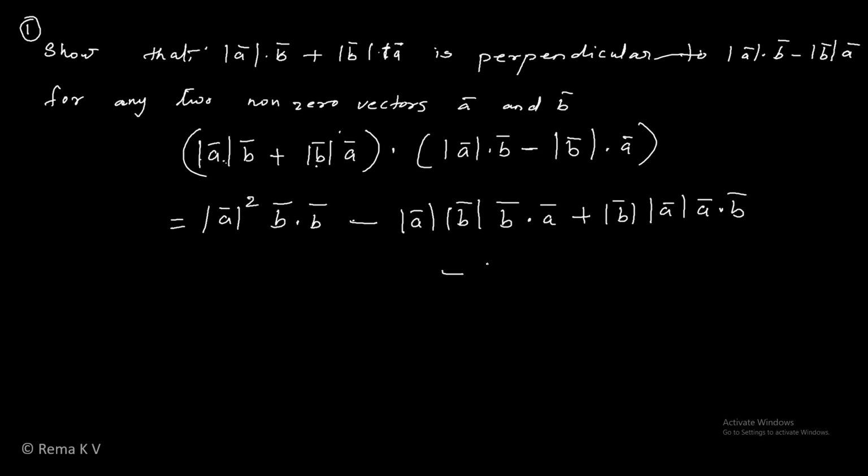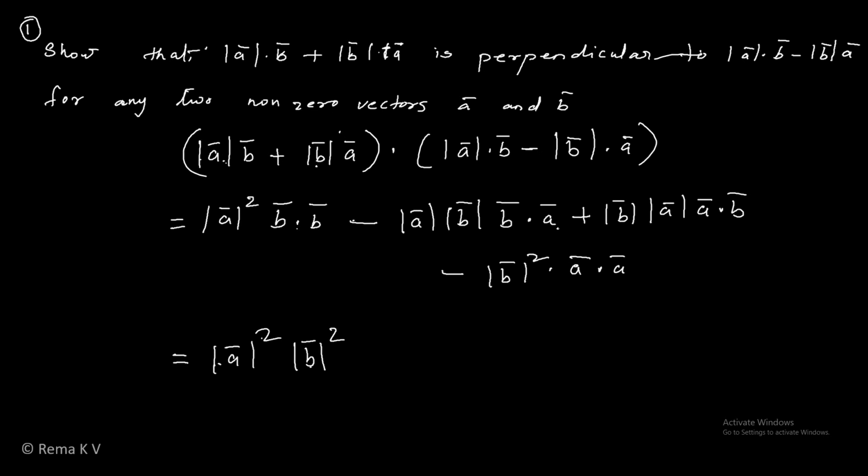Here modulus of vector B the whole square into A dot A. So this is equal to vector B dot vector B, it is modulus of vector B square. So modulus of vector A square into modulus of vector B square.